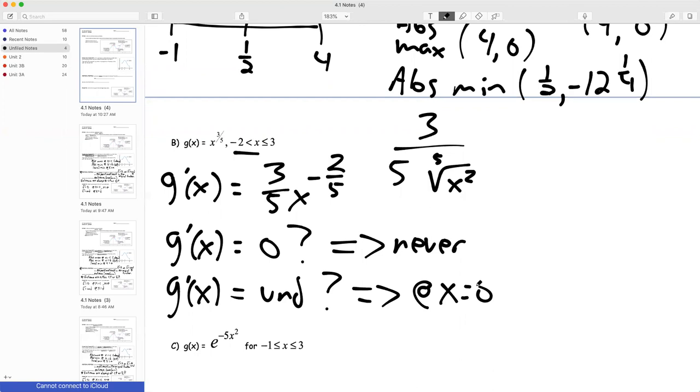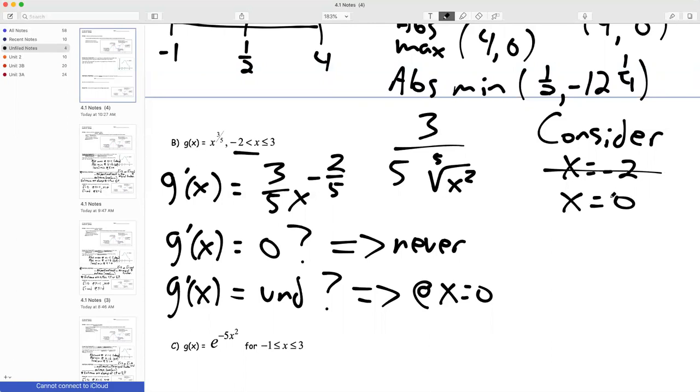So now I'm going to make my consider list. And I can leave out x is equal to -2 because it is not in my domain. And I've got a potential critical point at x is equal to 0. And I have another endpoint at x is equal to 3.